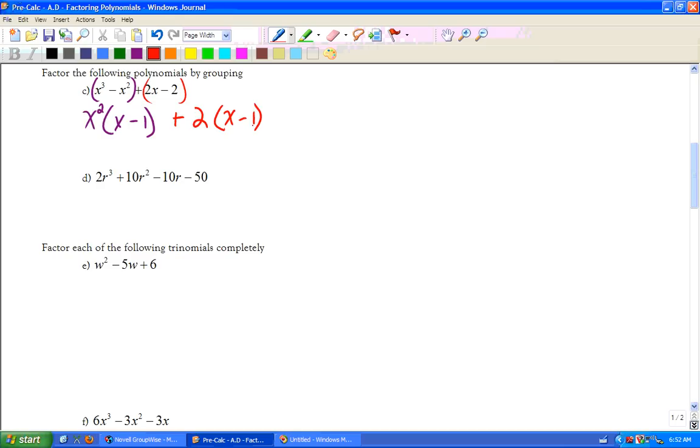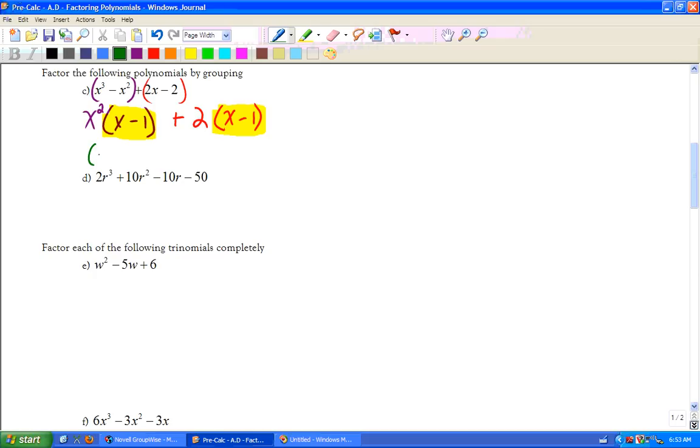A nice little bonus, a little added feature of factoring by grouping, is there's a nice built-in check. When after this first step you're left with the same expression, x minus 1, in both of our terms, you know you're heading down the right path. The reason is that it is now a greatest common factor.